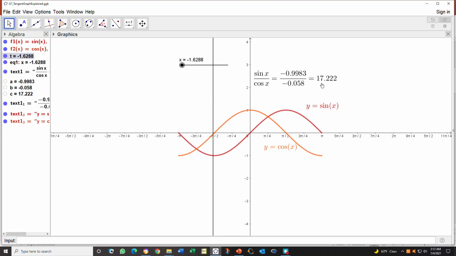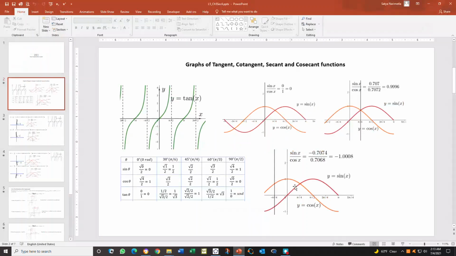What happens to the tangent graph at x equals pi half and at x equals negative pi half, both when x approaches from the left and from the right, so that we can figure out whether it's positive infinity or negative infinity, things like that. Cool. All right, if you grasp that concept, I'm a very, very happy man.